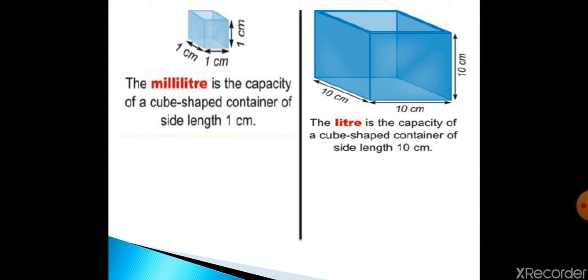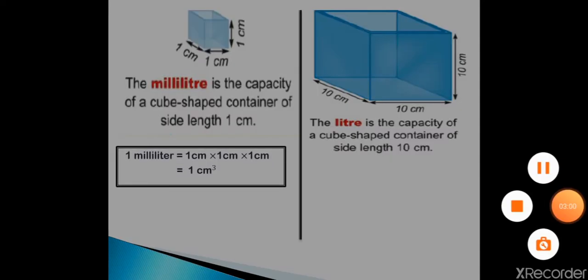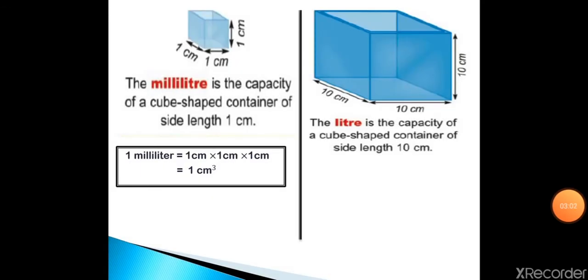But here if I have to measure a big amount of capacity, I have to use a bigger unit of measurement. So if I have here a cube of 10 centimeters each, that means that's bigger, that should be used to measure big amounts of liquids.